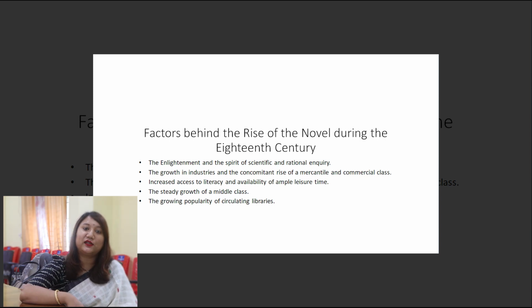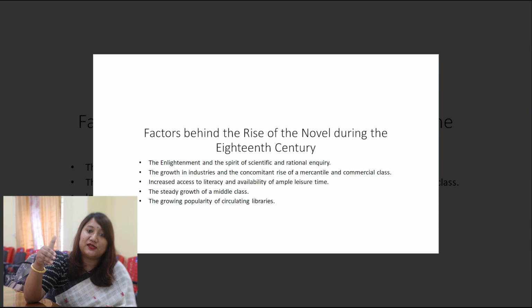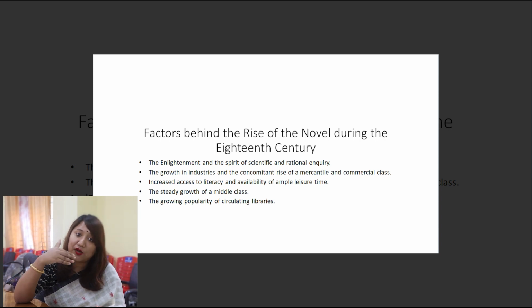Another factor that contributed towards the growth of the English novel was the growing popularity of circulating libraries. The first circulating library was established in Edinburgh in 1716, after which many such circulating libraries were established throughout England.